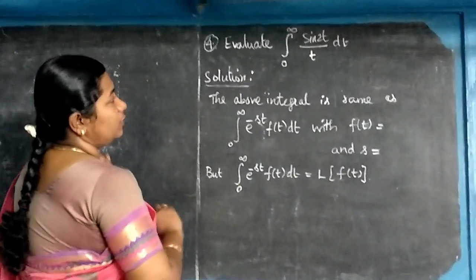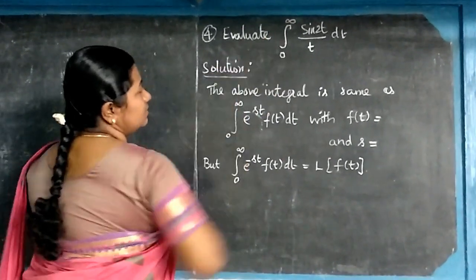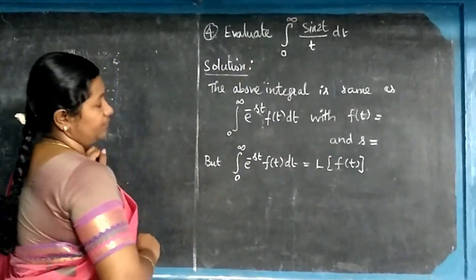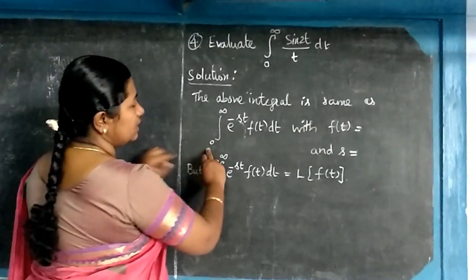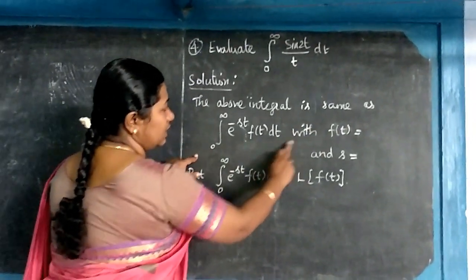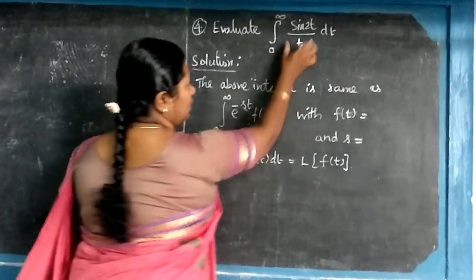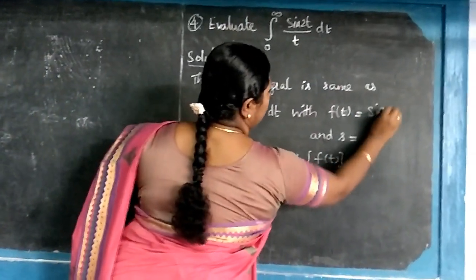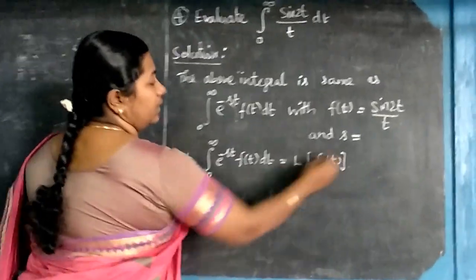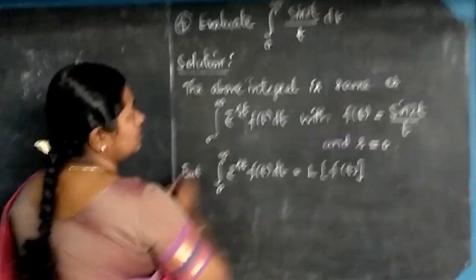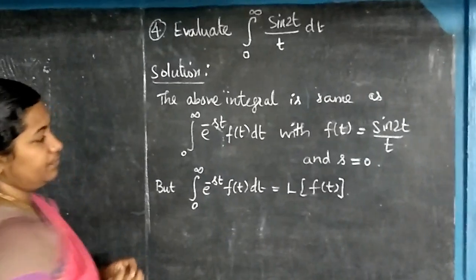Problem 4. Evaluate the integral from 0 to infinity of sin 2t by t dt. The above integral is the same as the integral from 0 to infinity of e power minus st f of t dt, with f of t equal to sin 2t by t and s equal to 0, because there is no exponential function.